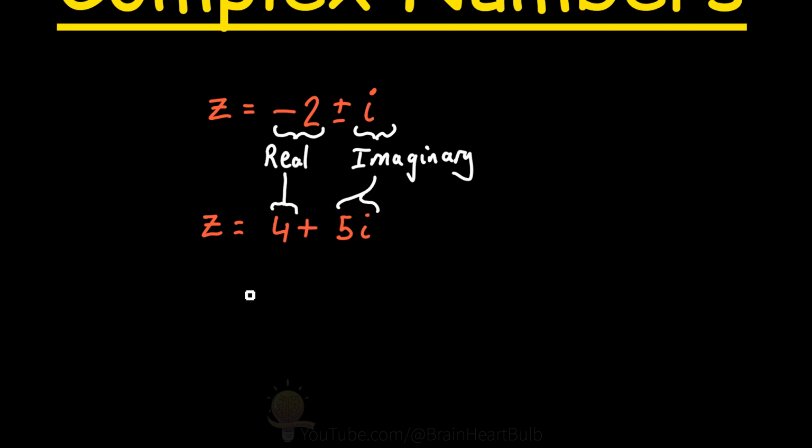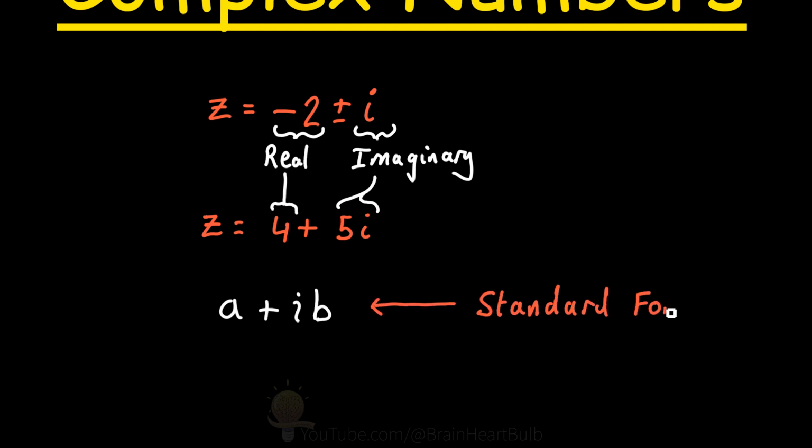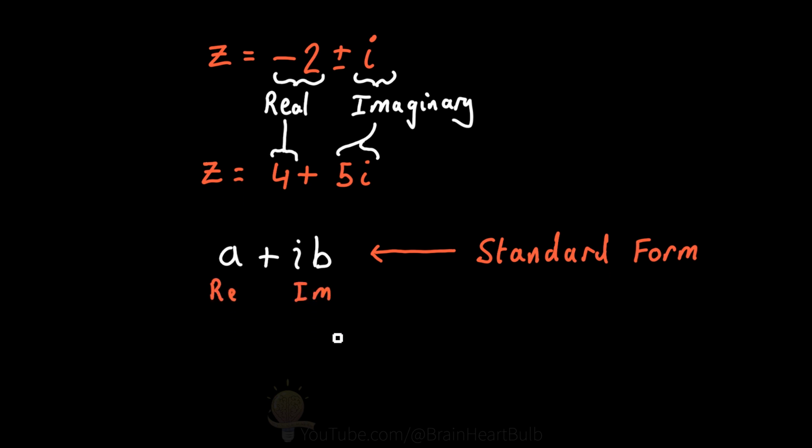So when we have a complex number in the form of a plus ib, then it's said to be in standard form. But we do have complex numbers where the real part is equal to 0. And this type of complex number is called a pure imaginary number.